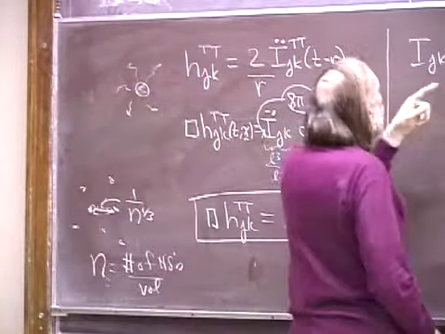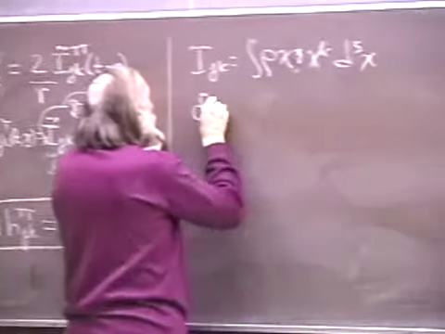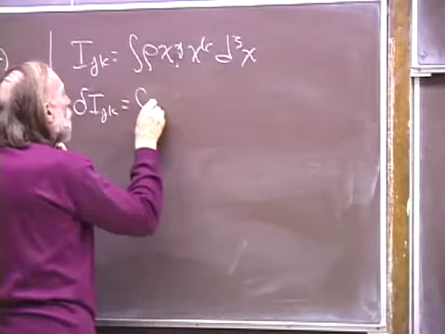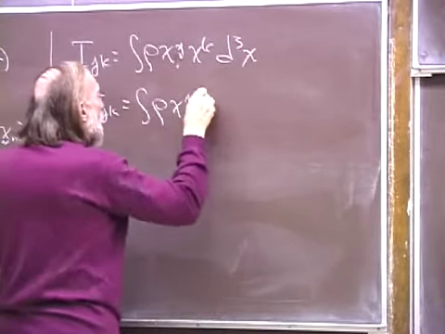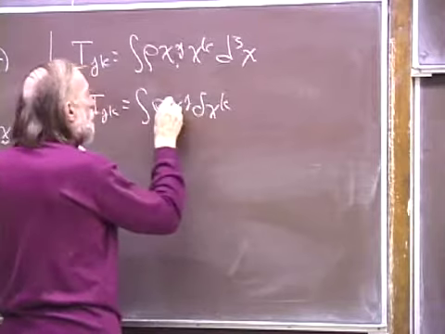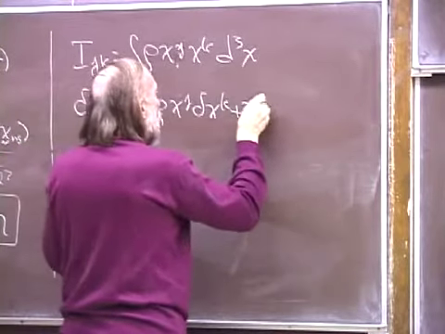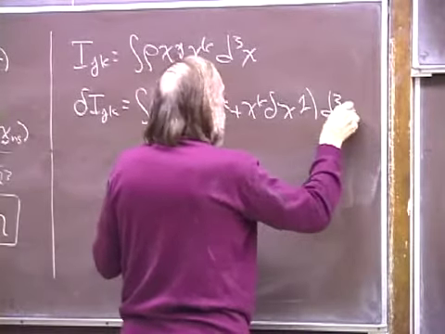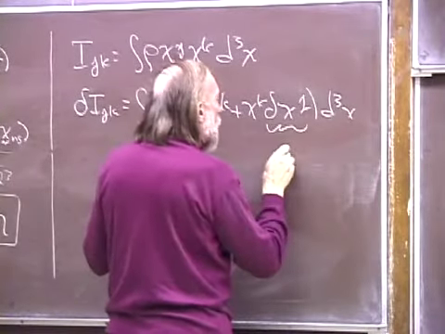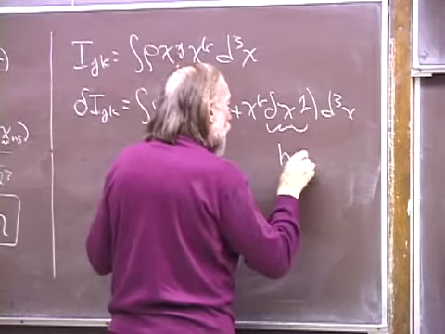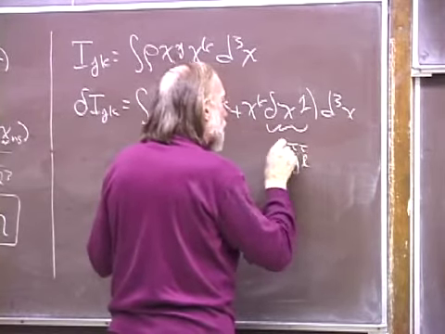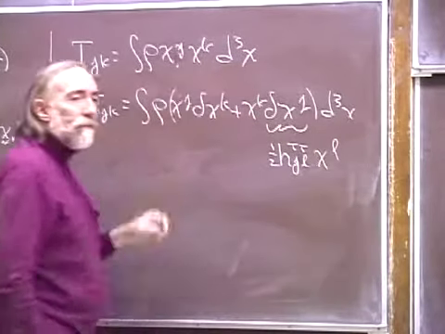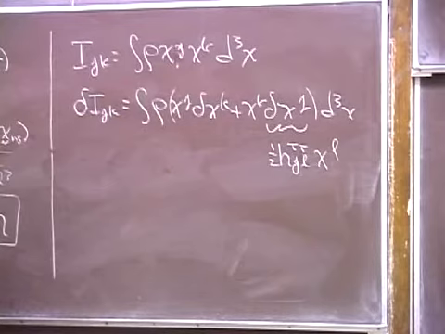And if I do that, then the perturbation in I_ijk caused by the passing gravitational wave is going to look like rho x_j delta x_k, that's the perturbation, plus x_k delta x_j, d3x. And we know that these delta x_j's are going to look like h_jl transverse traceless with a 1/2 and an x_l. So that's what they're going to look like.